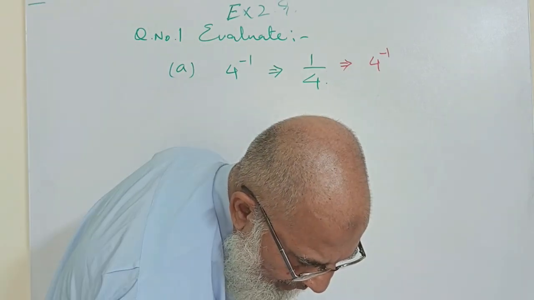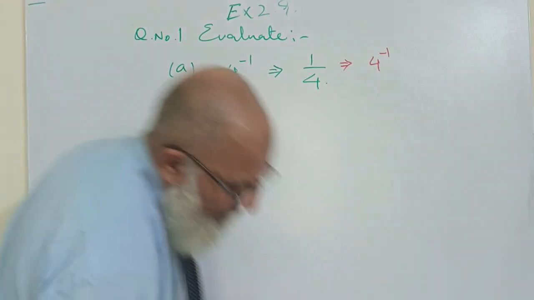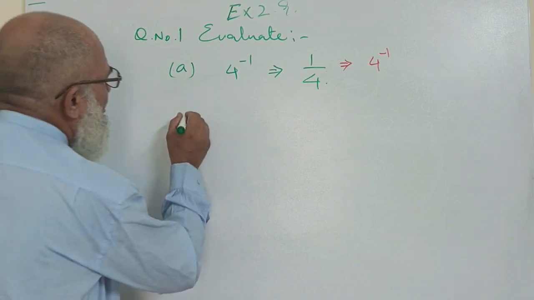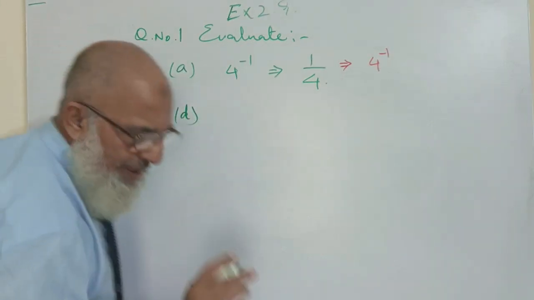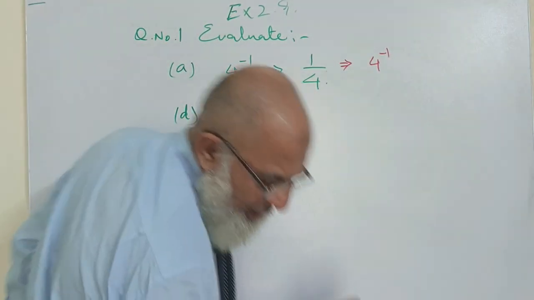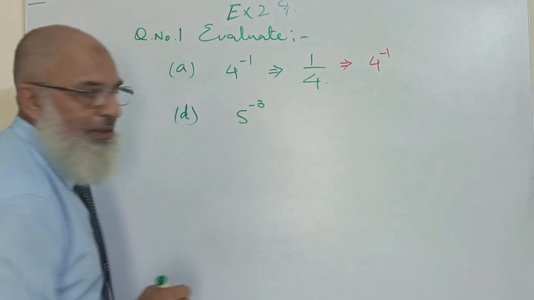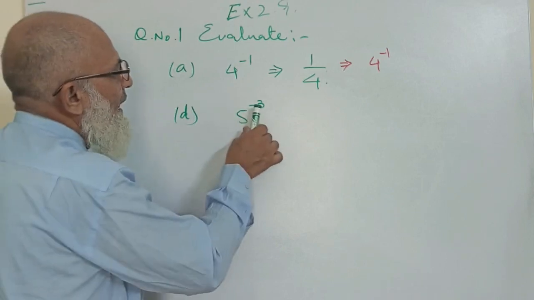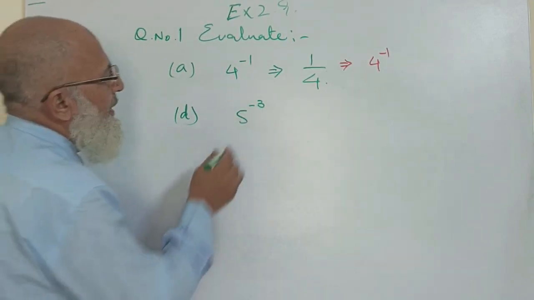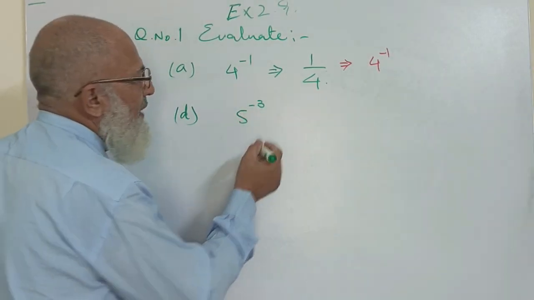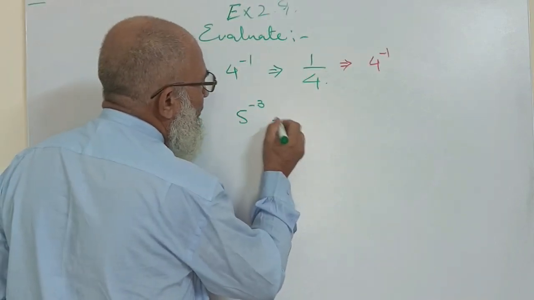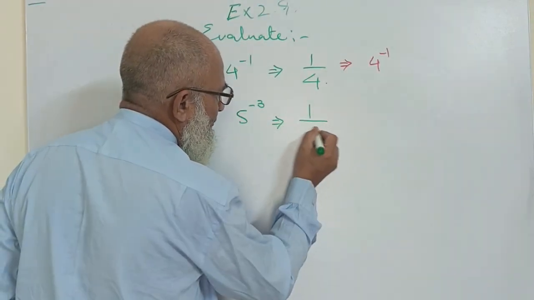So let me do part D because it is a slightly different part. 5 raised to power minus 3. 5 has a negative index, minus 3. What will we do? Like this.